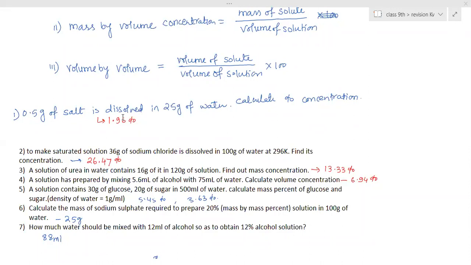Ma'am, suppose in any question they give the temperature as 100 degrees Celsius, so what should we do? Nothing. Whatever values are given, you have to calculate the answer according to those. They just gave it to confuse us.